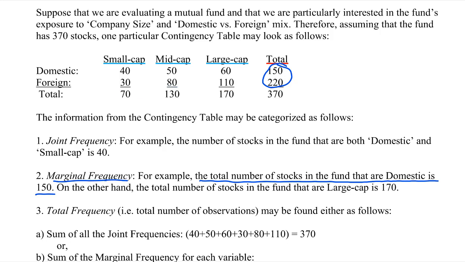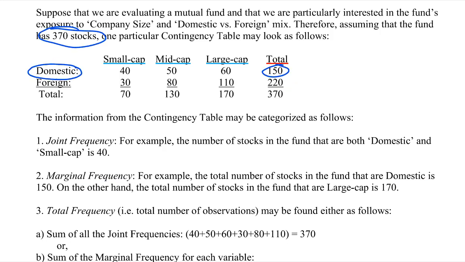So again, what does 150 represent? 150 just tells you the total number of stocks. Remember, there's 370 stocks in total. Of that, 150 are domestic. We're not talking about small cap, large cap, or mid cap. They're just domestic.